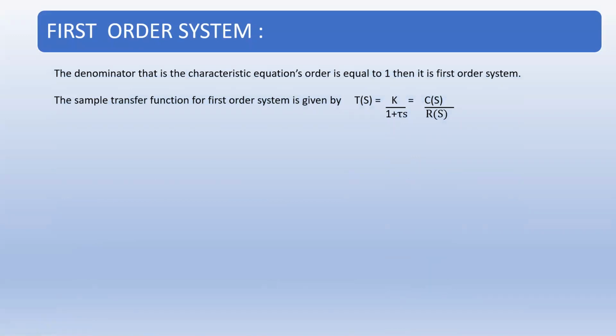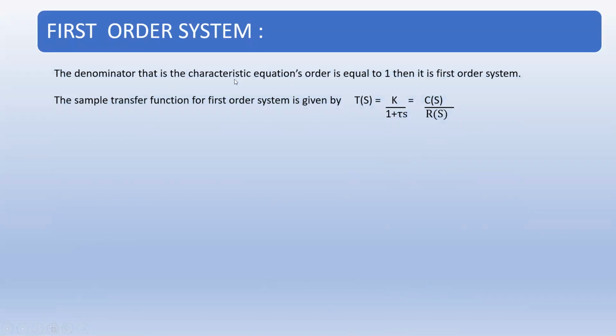The denominator polynomial in the transfer function equation can be written as a linear equation in one variable s. So let us start our session with the first order system, and how we can define that.